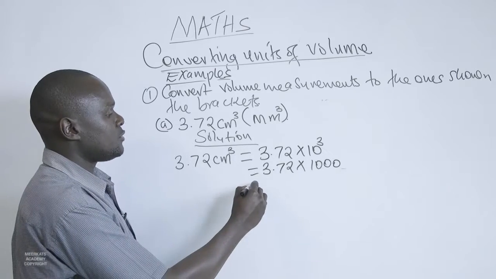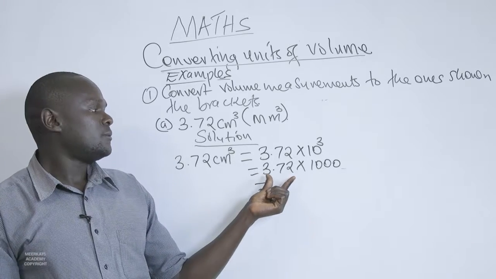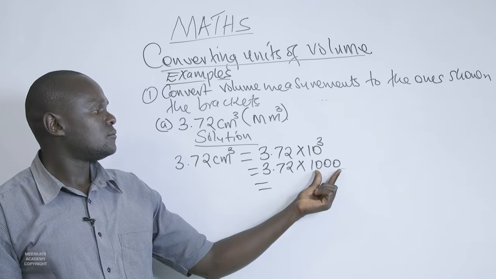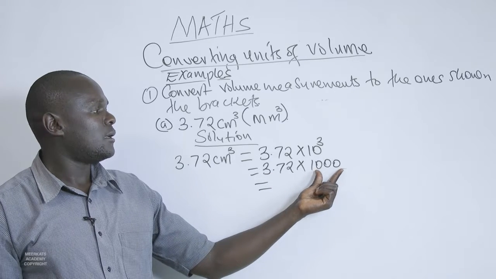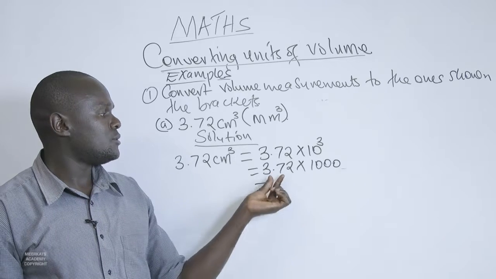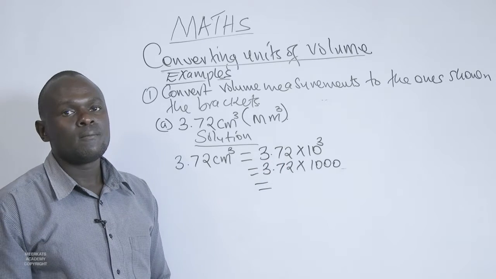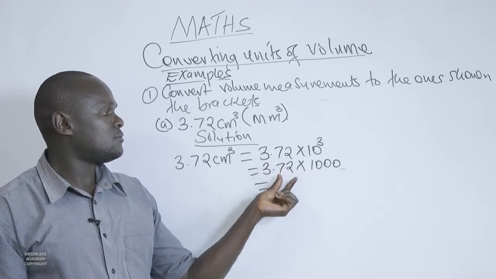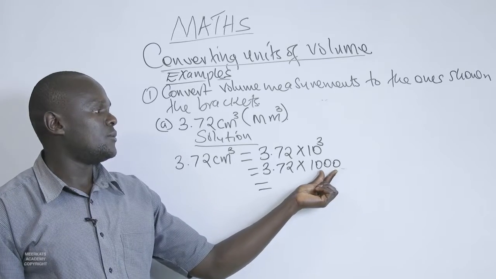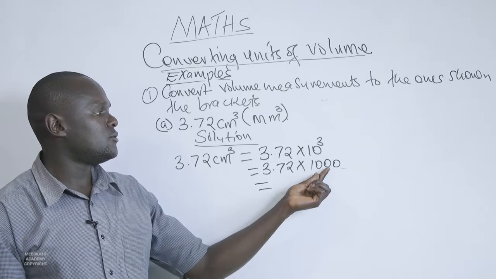Performing this multiplication of any number, or even a decimal number, by a number that has zeros like this, is just like moving the decimal point some places. The places the decimal point moves is equal to the number of zeros that we have. How many zeros do we have? 1, 2, 3.